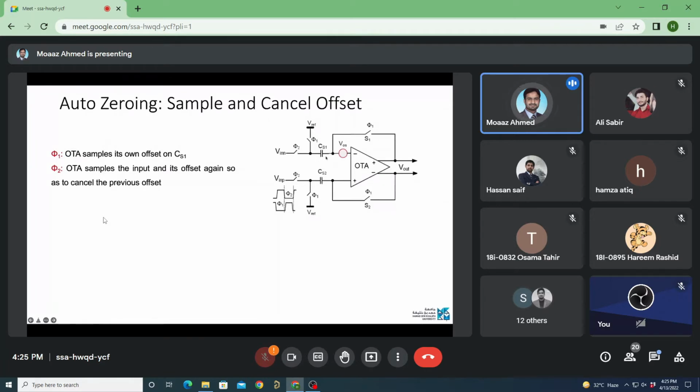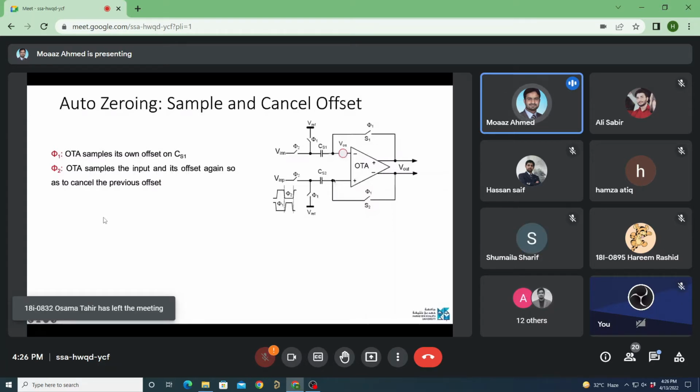At the end of phase phi 2, we have sampled the offset twice, so we basically cancel the offset. This topology is the input offset storage topology. We can also store the offset at the output. Both topologies have their own drawbacks, pros and cons.